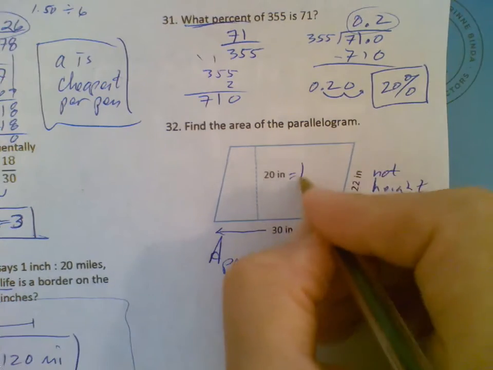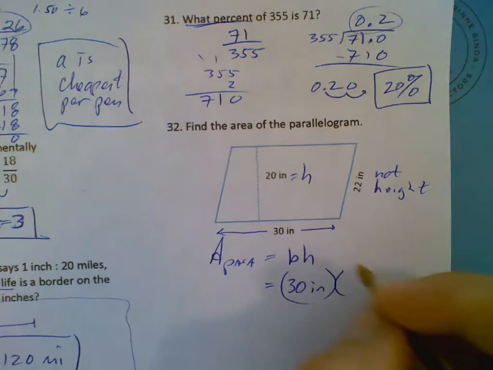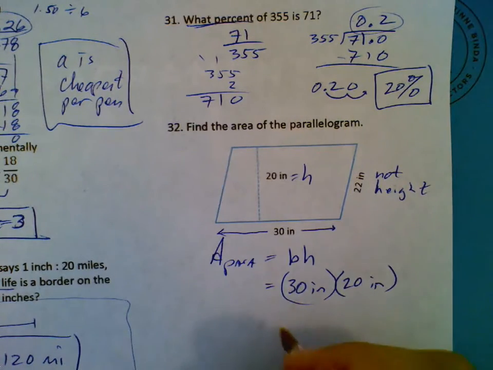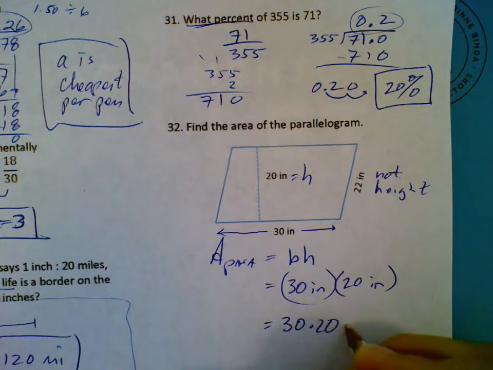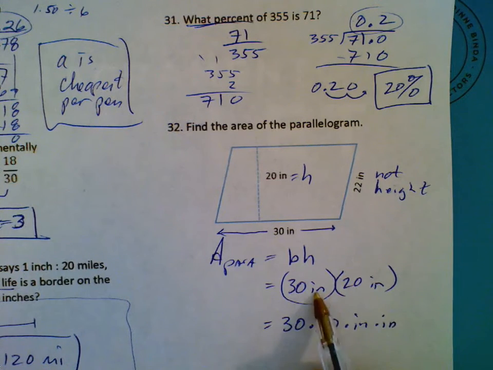This is my height. So if that's the case, I have 30 inches times 20 inches. So I have 30 times 20 times inches times inches. I'm paying attention that I'm multiplying these as well.